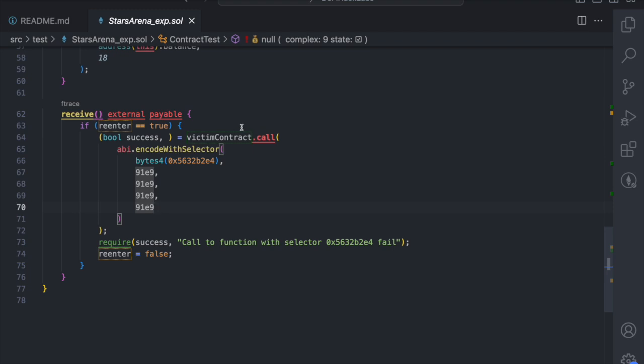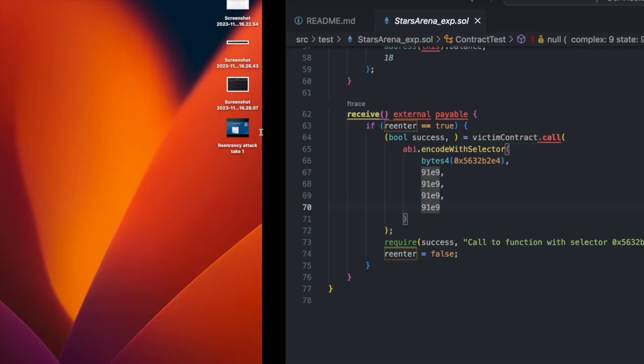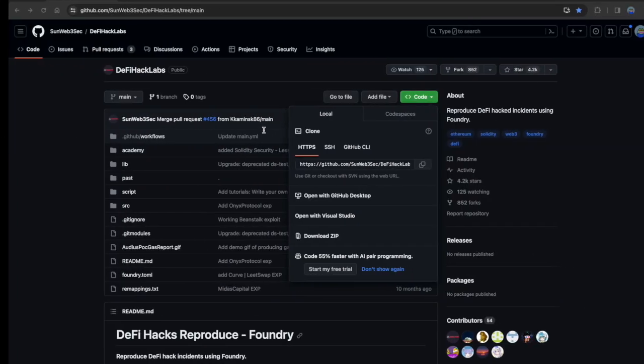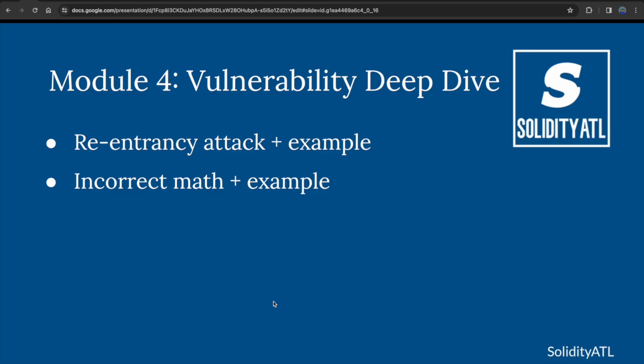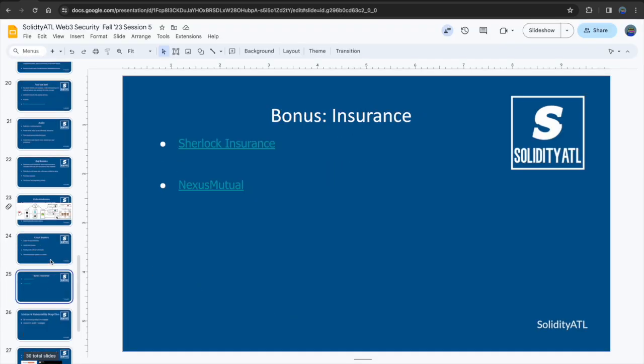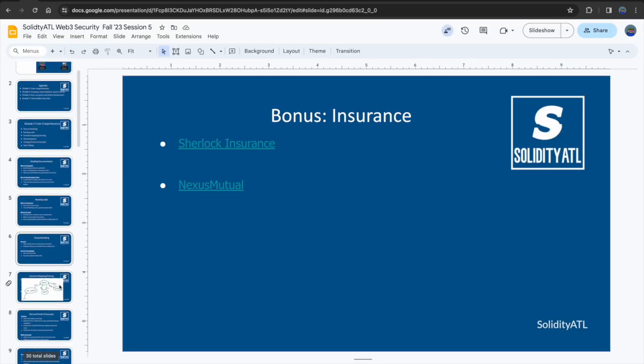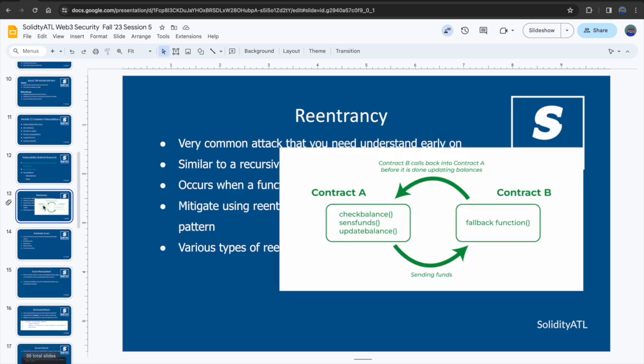So again, maybe I need to come back to this visual. Let's come back for a second. Do we have a re-entrancy here? Yes. So remember, let's say this is the Stars Arena contract. This is my attack contract.